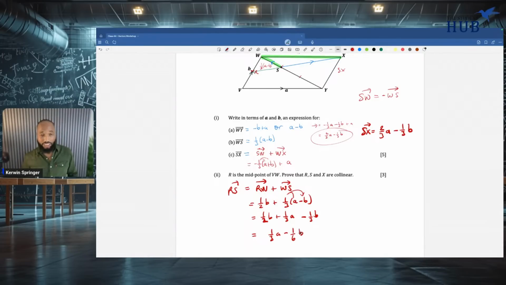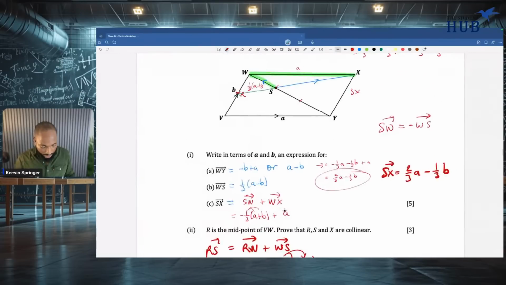Positive 1/6. So why don't I have a positive here? So I'm getting 1/6 here, which is correct.